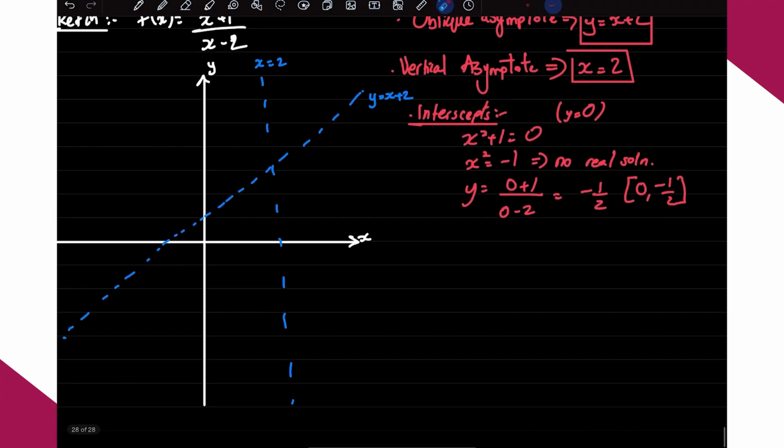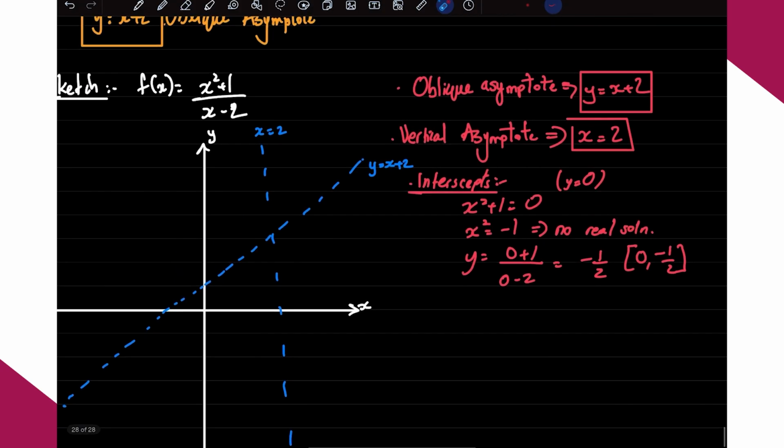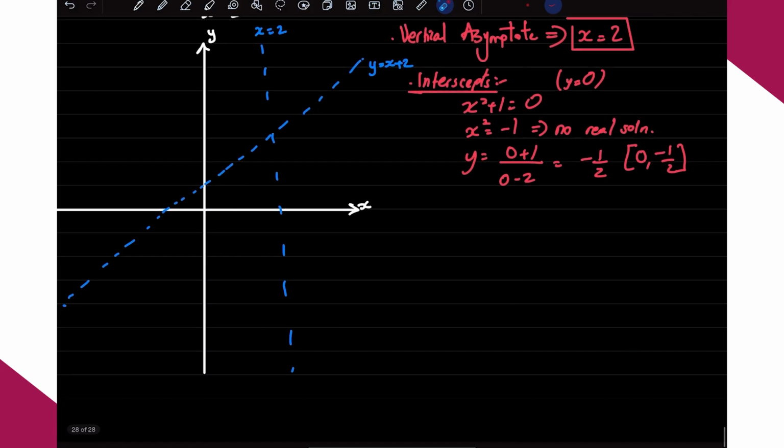Okay, so we've got 0, and we've also got minus 0 and minus half, right? So we know that we have 0 and minus, that's somewhere around here. So we have our equation of the oblique asymptote.